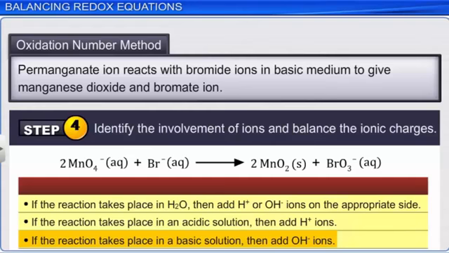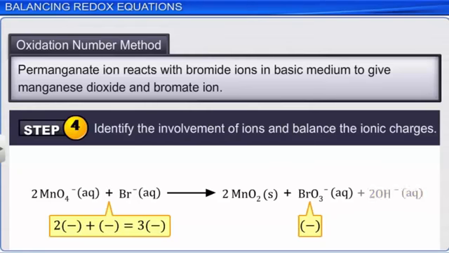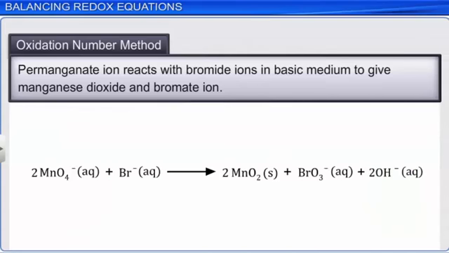As the reaction occurs in the basic medium and the ionic charges are not equal on both sides, we need to add 2 OH- ions to the right side of the equation, so that the ionic charges are balanced. Finally, balance the number of hydrogen atoms.